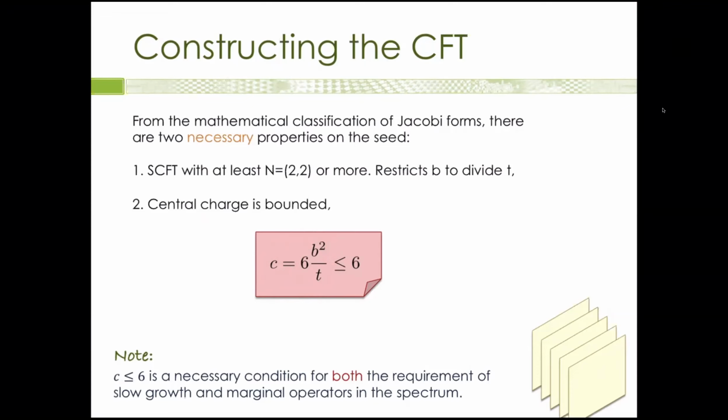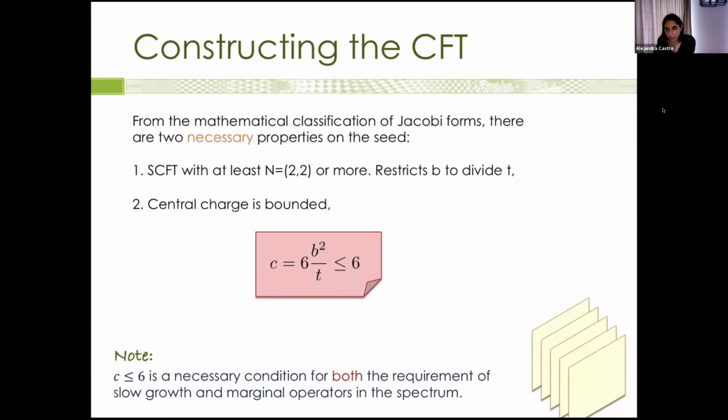Excellent. And then you got that it was less than or equal to 6. Please tell me again why. This is a condition for it to be slow, and that requires some detailed analysis. The marginal operator is easier to see, because there's just a formula for how the conformal dimensions depend on the twist, and then you can see that C has to be less than 6.